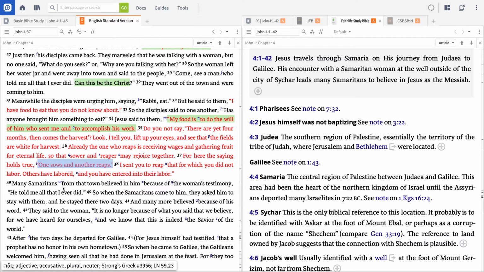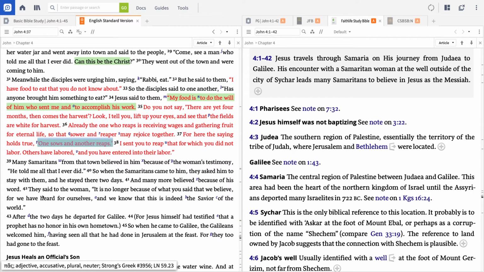Okay, back on track. Many Samaritans from that town believed in him because of the woman's testimony: "He told me all that I ever did." So when the Samaritans came to him, they asked him to stay with them, and he stayed there two days.